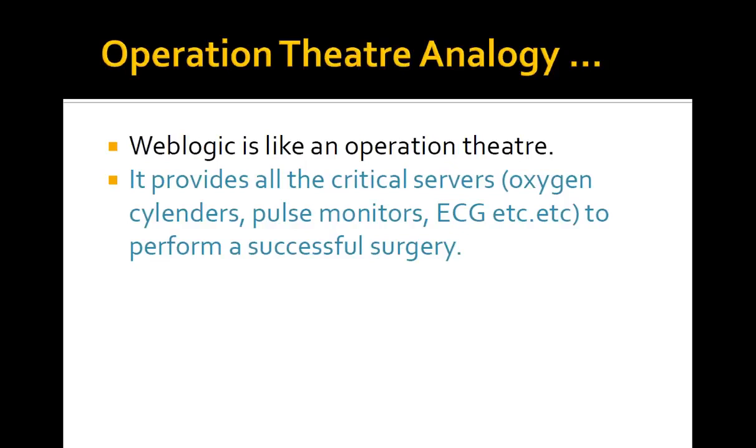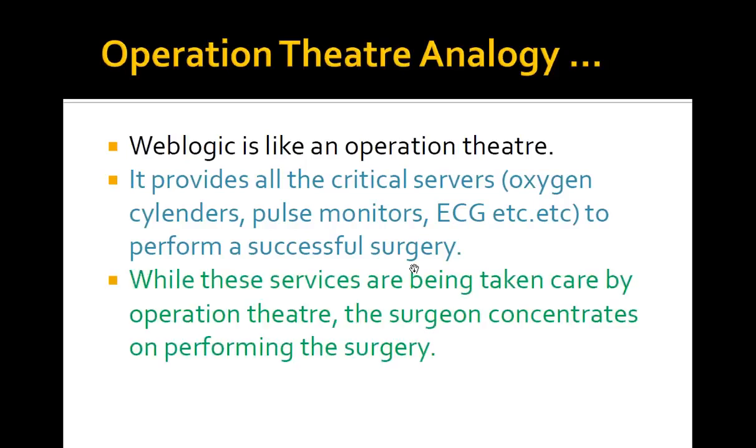So in very loose terms, you can define an application server as the runtime environment that provides all the critical services. The critical services could be JDBC, JMS, clustering for high availability, security, which would be user and group management, SSL configuration, all that stuff.